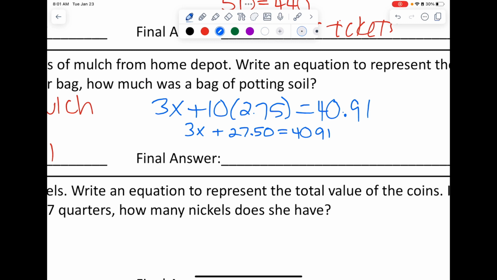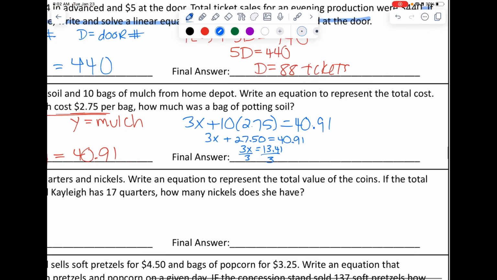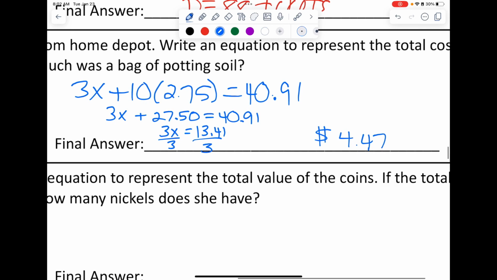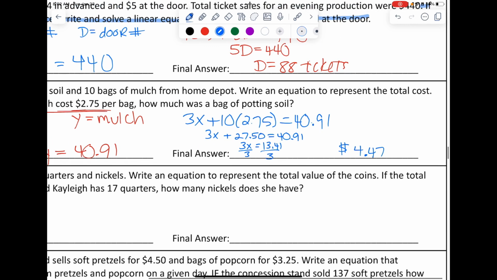Subtract that 27.50 from the 40.91 to get 3X is equal to 13.41. Divide by 3. And we get that a bag of potting soil is $4.47. Make sure you're answering the question: how much was it? $4.47.